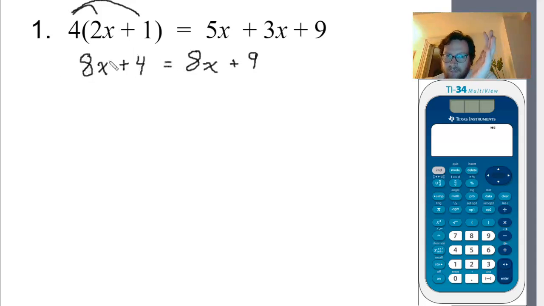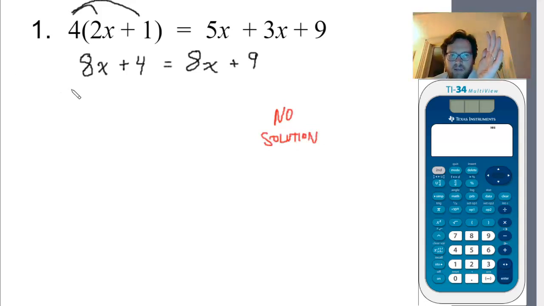So there's a problem. You can't have 8x plus 4 equals 8x plus 9. Whatever 8x is, you can't add 4 to it and then have it be equal to 8x plus 9. So when we get to a problem like this, we say there is no solution.